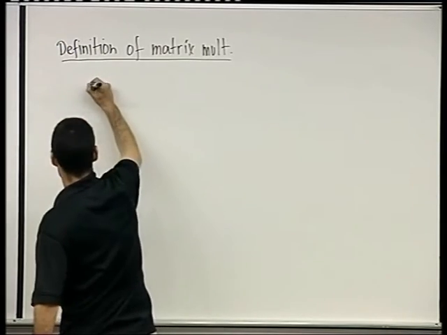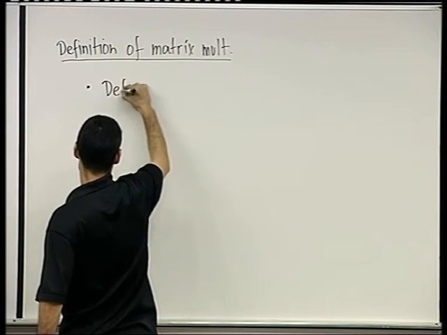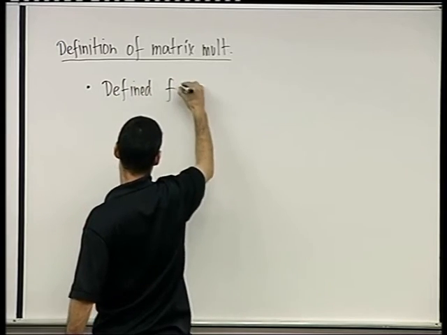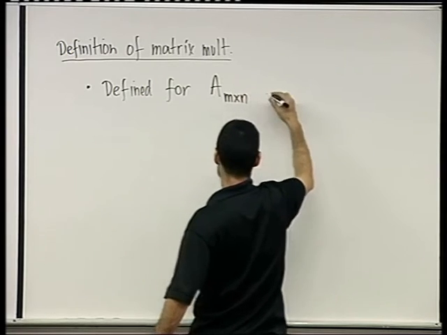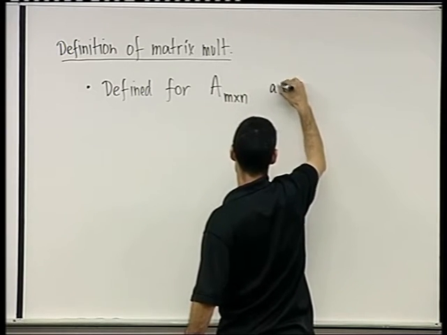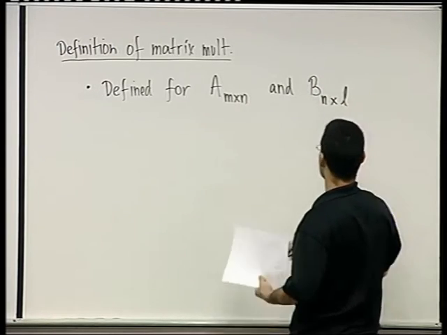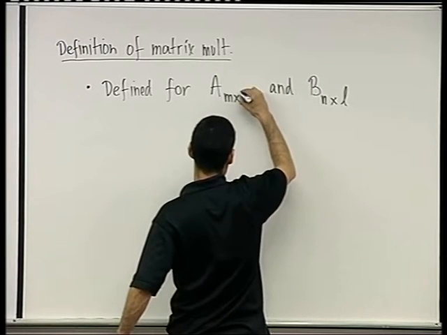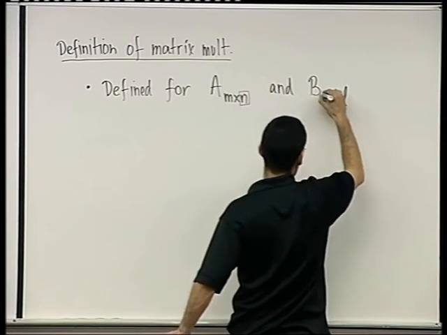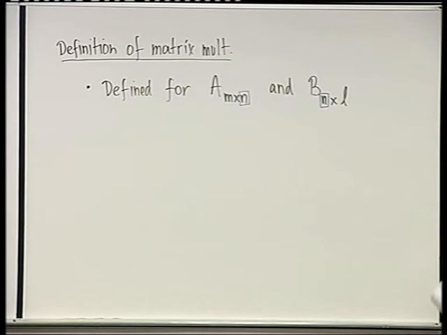So, several prerequisites defined for A of size m by n and B of size n by whatever. Let's call it L. So the point is that the number of columns in A has to equal the number of rows in B. That's the only case in terms of sizes where multiplication is defined.